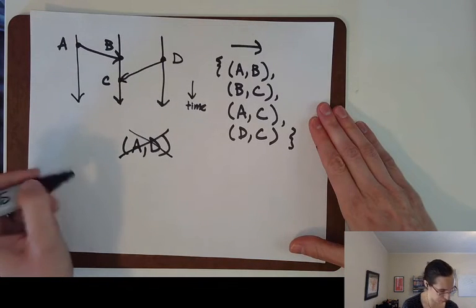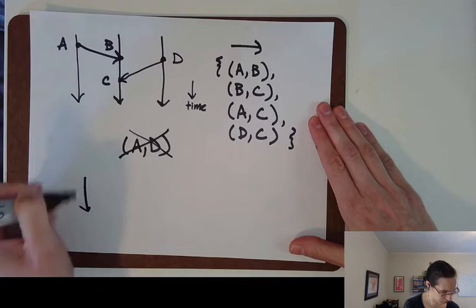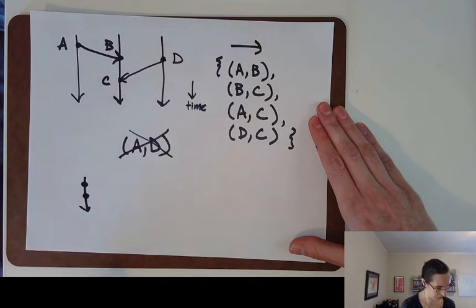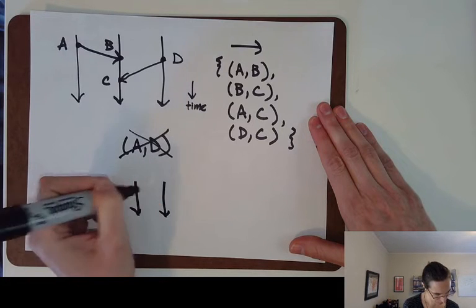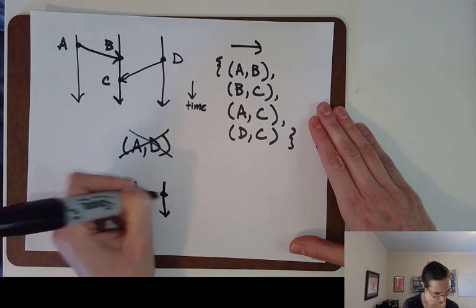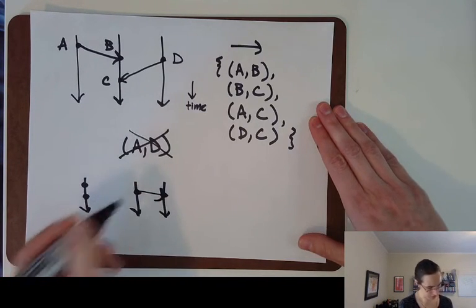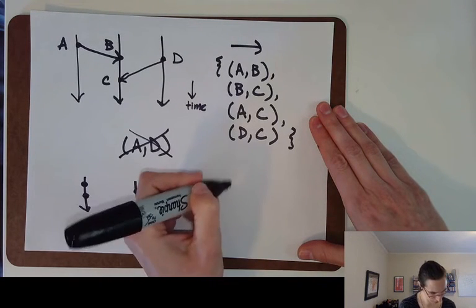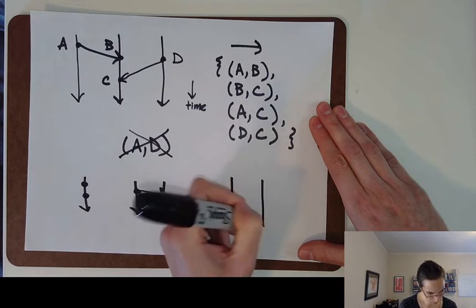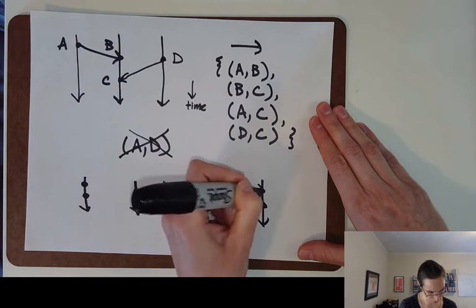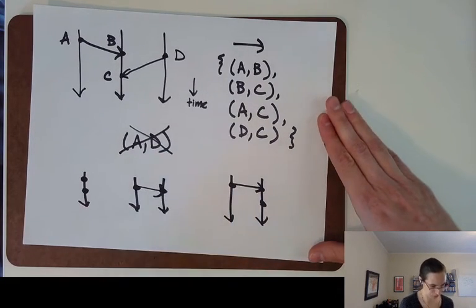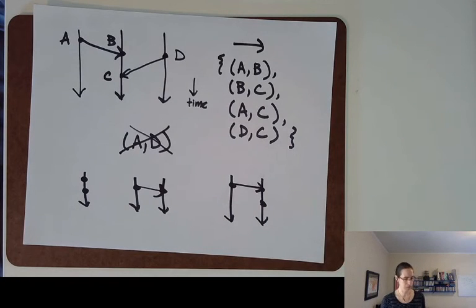The 3 possibilities, just to represent them visually, are either the events are on the same process line, or one of the events is a send and the other event is the corresponding receive, or it's the transitive closure of those things. So those are the possibilities.